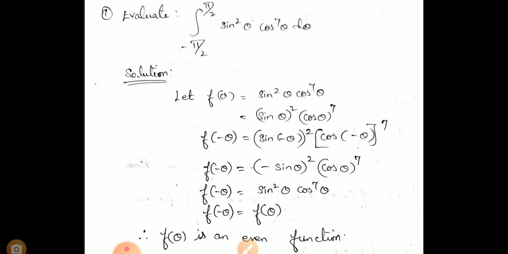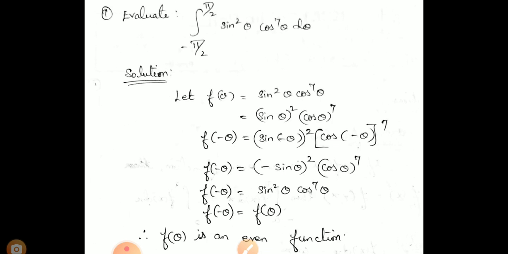Now you just apply f of minus theta as per the definition. So sin of minus theta, in the place of theta you just substitute minus theta. So sin of minus theta the whole squared into cos of minus theta the whole power 7. If you are squaring that, what will happen? Minus sin theta the whole squared and cos theta the whole power 7 will come.